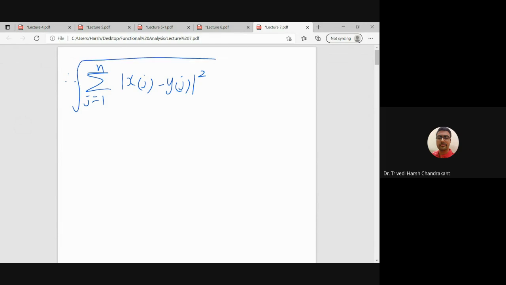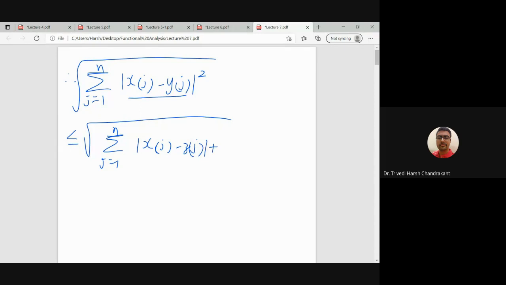If you take its square root, then we can write that this term is less than or equal to summation 1 to n. For this term we can use the triangle inequality of real or complex numbers, so that we can write xj minus zj plus zj minus yj. Right. So modulus xj minus yj is less than or equal to this term.